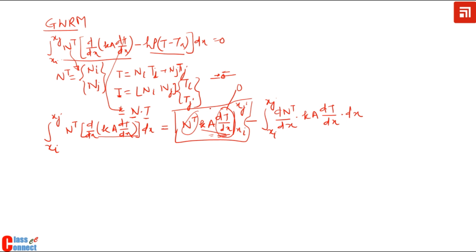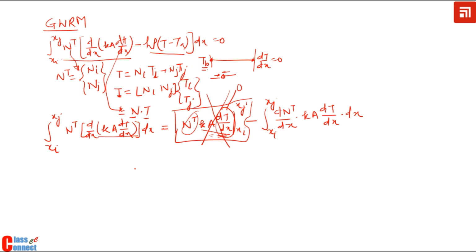That is for all internal points, but for the boundary points, this is the base of the fin and this is the open end of the fin, which is insulated, so dT/dx for this will be equal to 0. And at the base we have temperature Tb, which is constant, so dT/dx there will also be 0. So now this complete term can be eliminated.